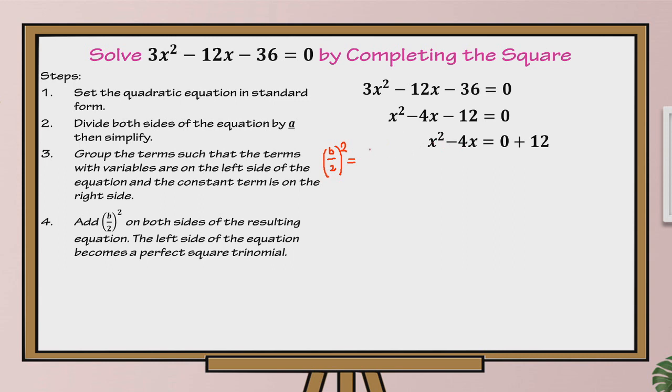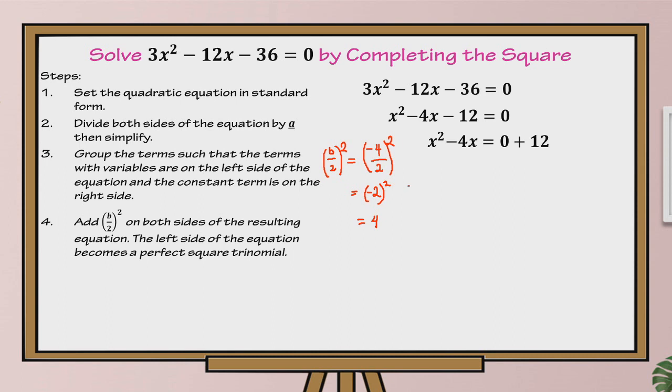Therefore, we have (negative 4 divided by 2) quantity squared. And then, the result of that is negative 4 divided by 2, that will be negative 2 squared. And then we have negative 2 squared, that will be positive 4.